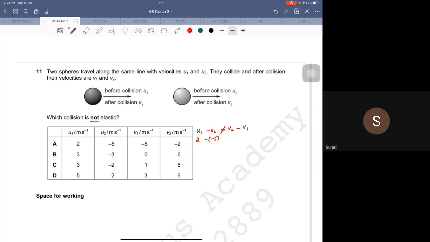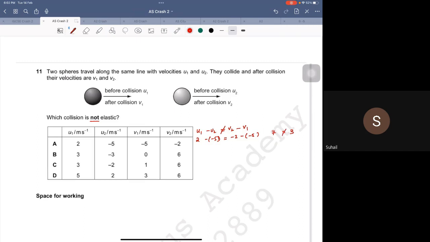Do not change the equation, just write minus where it belongs, equals, on the other side, v2 is negative 2 minus negative 5. So on this side you get 7, and on the other side you get 3. Okay, so this is not elastic, which means they're not equal.